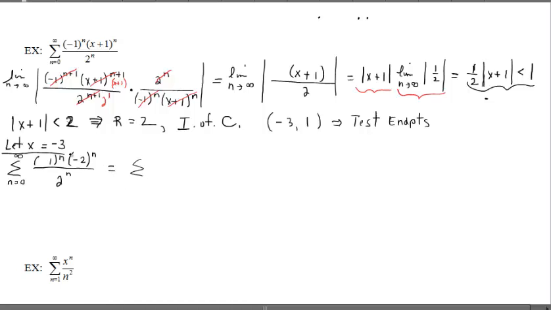I'm looking at the numerator, this factor. All right, what we can do is think about what's inside here as a product. Let's think of it as -1 times +2.